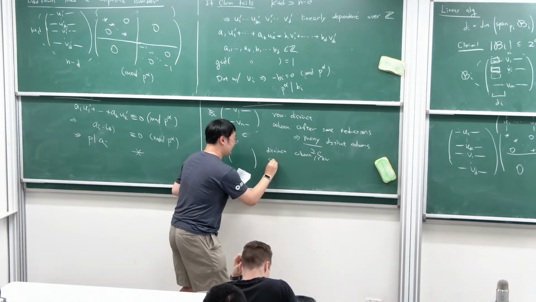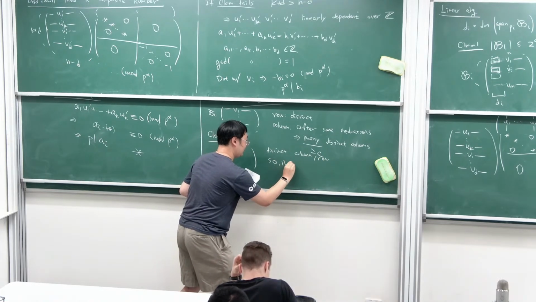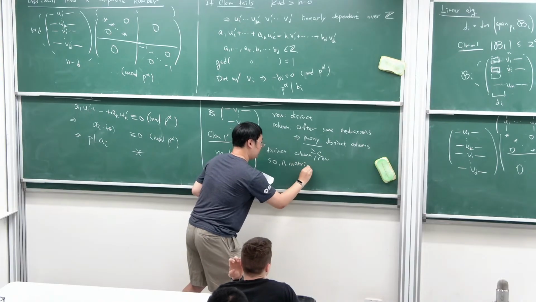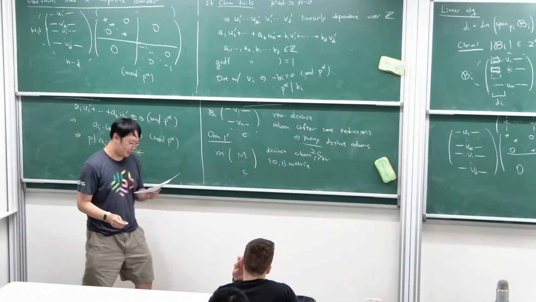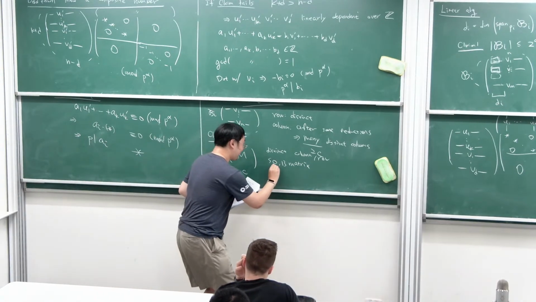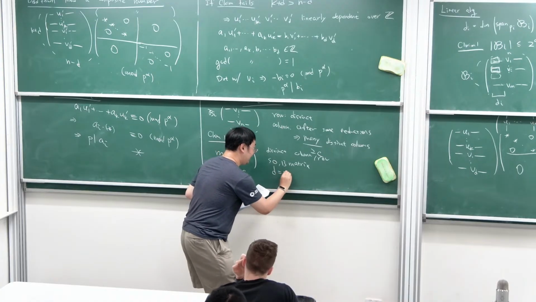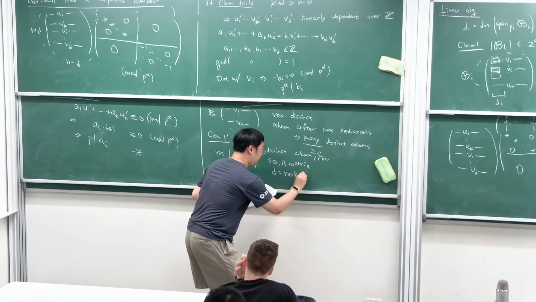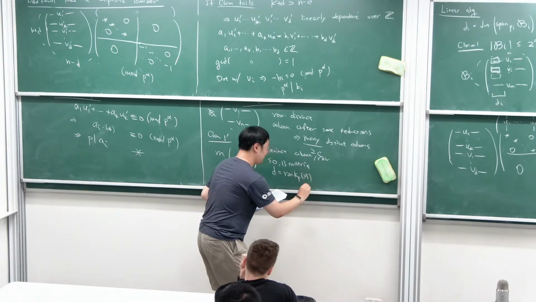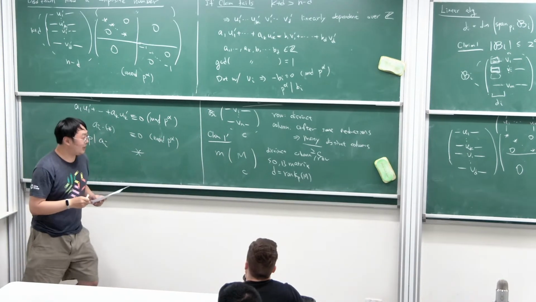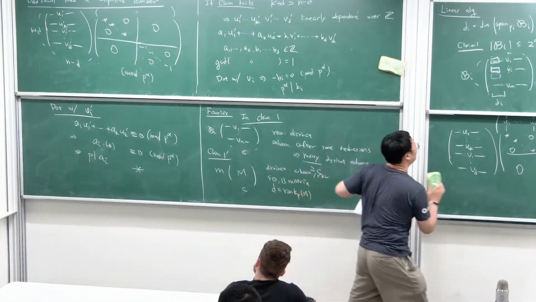Also this is a 0, 1 matrix. And again, let's assume d is the rank over F_p of the matrix M, the same d as before. Then we can get an improved inequality.